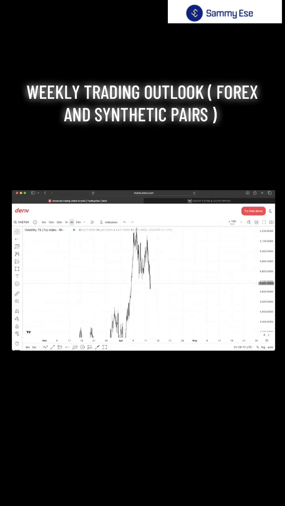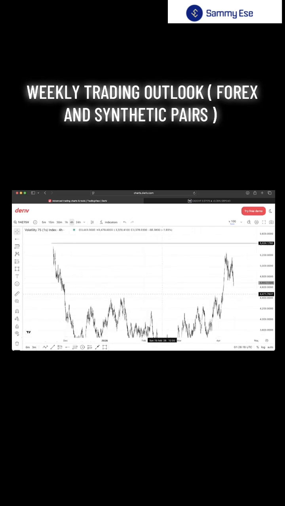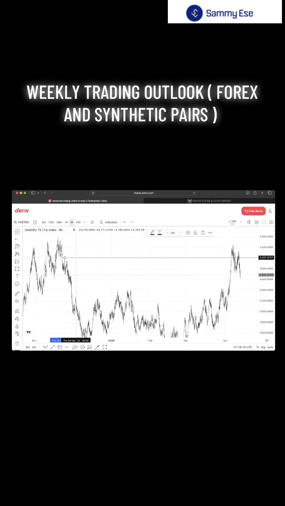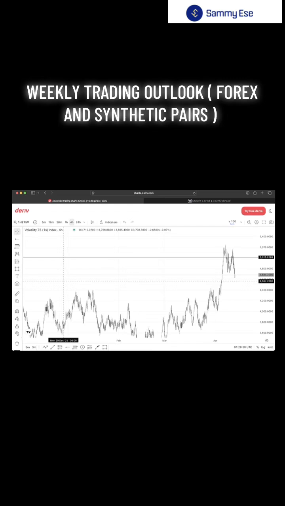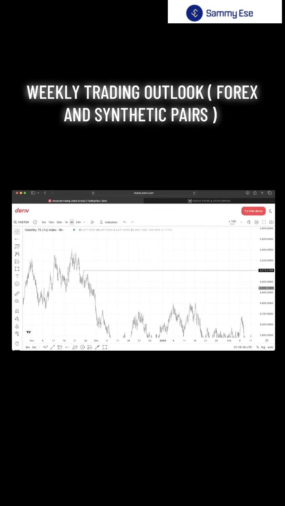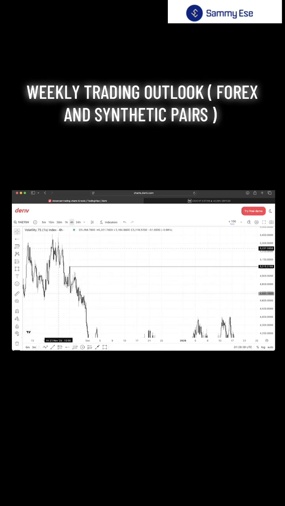Alright, so for synthetic indices, for this V75, price is coming from somewhere here. Alright, this is a 50% retracement. And then if you zoom closely, you see a sweep of liquidity here.